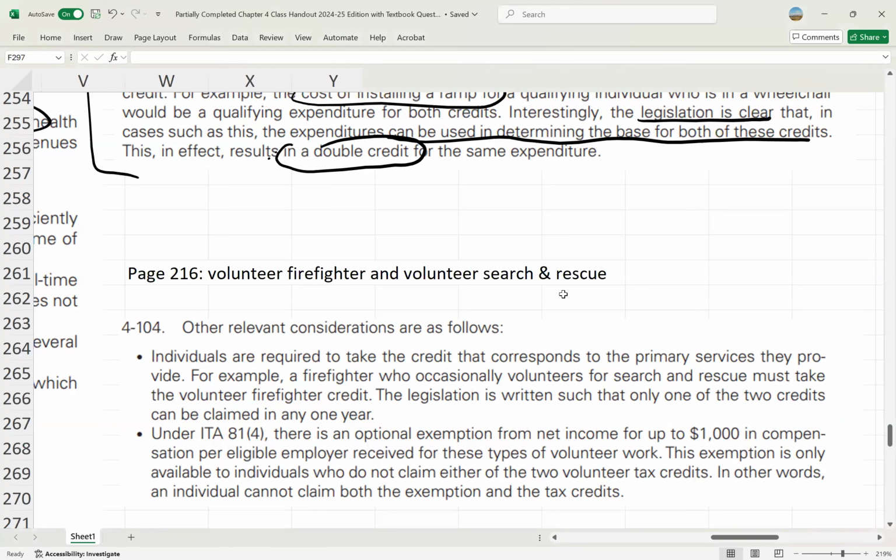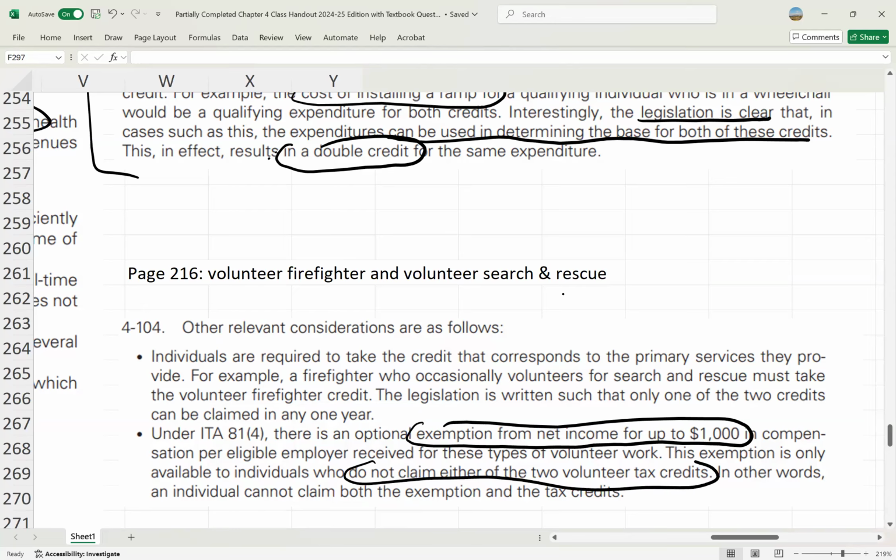Now, what it also says is that you have to include any compensation that you receive. But what it says is that if you want to exempt from income up to $1,000 in compensation that you receive, let's say from the fire hall that you volunteer at, then you cannot claim the tax credit.